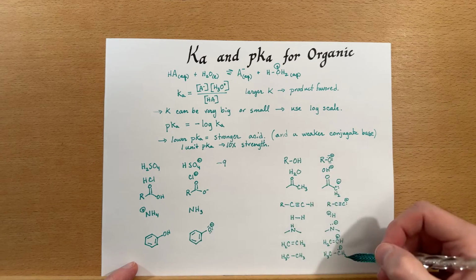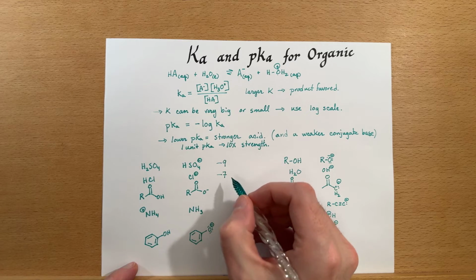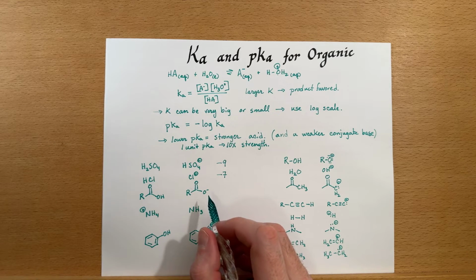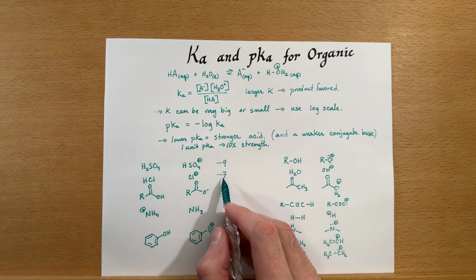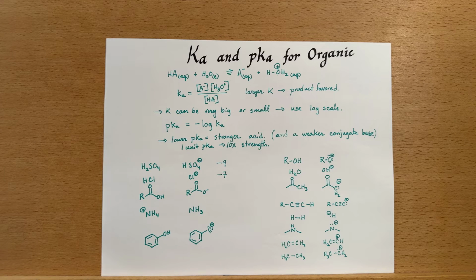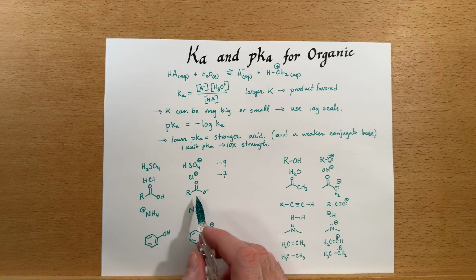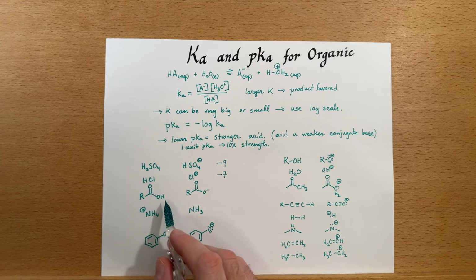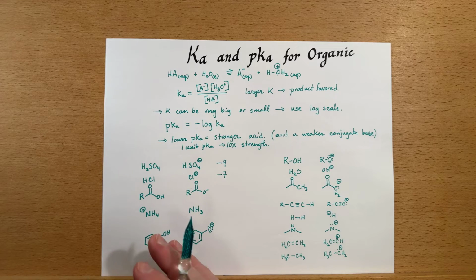And these are going in order here. Hydrochloric acid is a little bit weaker than sulfuric acid. It's about 100 times weaker. I suppose that's a little bit. Now we get up to some organic acids. So this is a carboxylic acid. And depending on what we have over here on the R group, we can change its acidity.